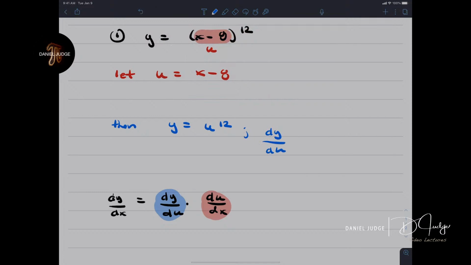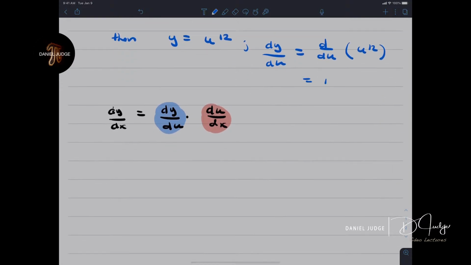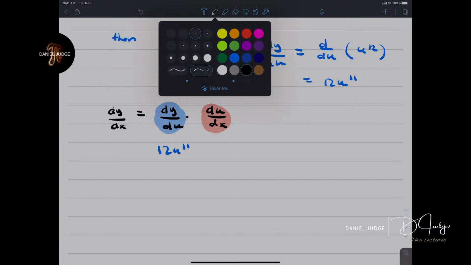dy du is d du of u to the 12th power, which gives you 12u to the 11th power. So this is what we did earlier using chain rule. Here's our chain rule formula.